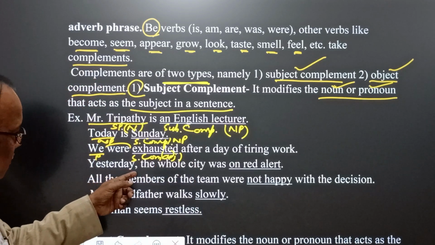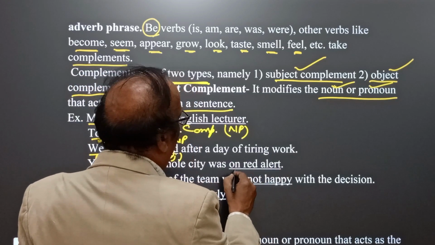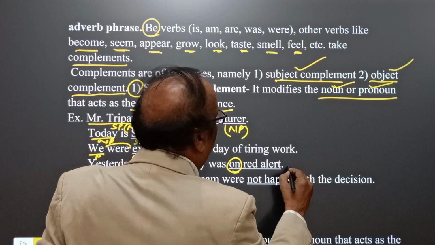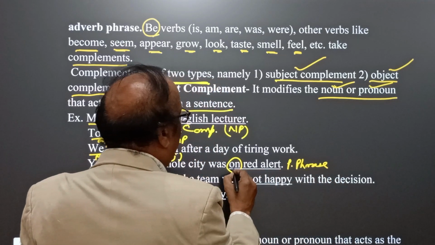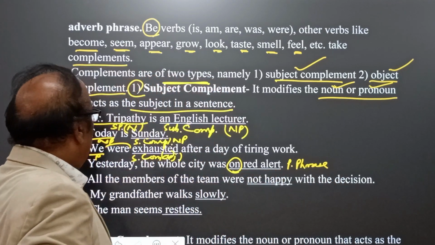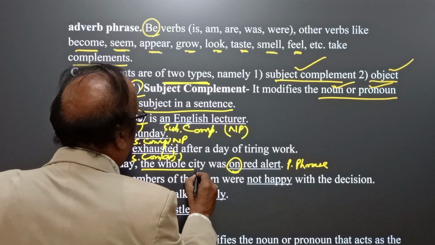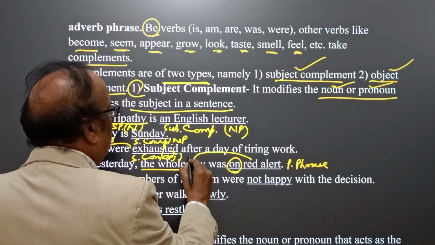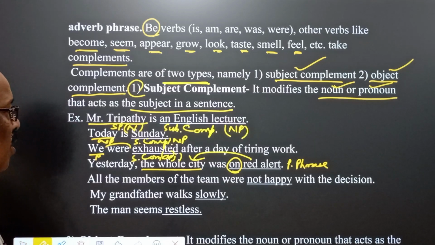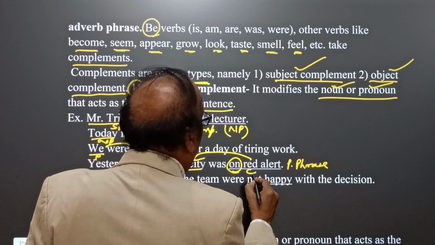Again, yesterday the whole city was on red alert. Here we find on red alert is the prepositional phrase. The whole city is the subject part, and on red alert is the subject complement.